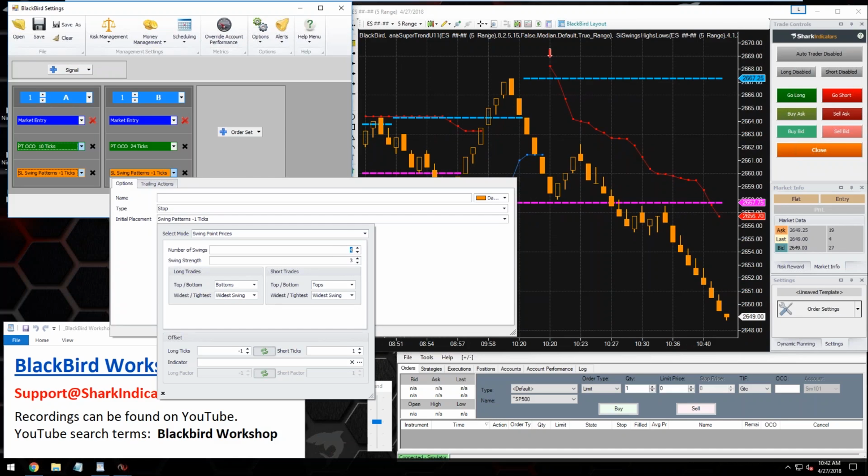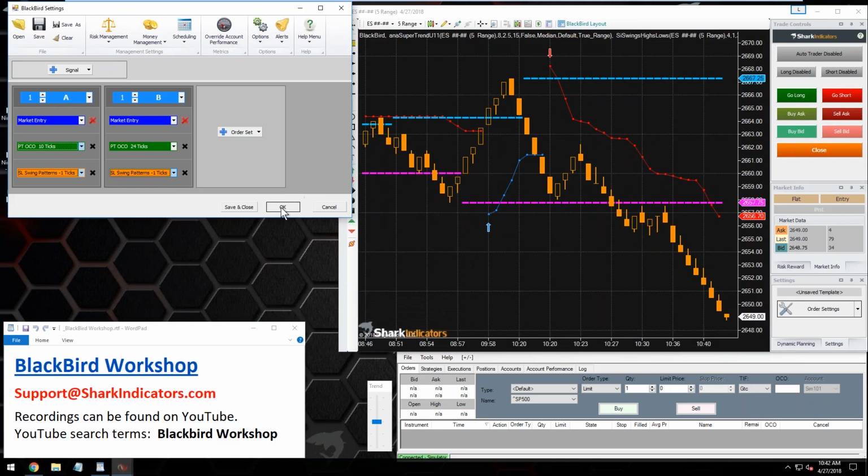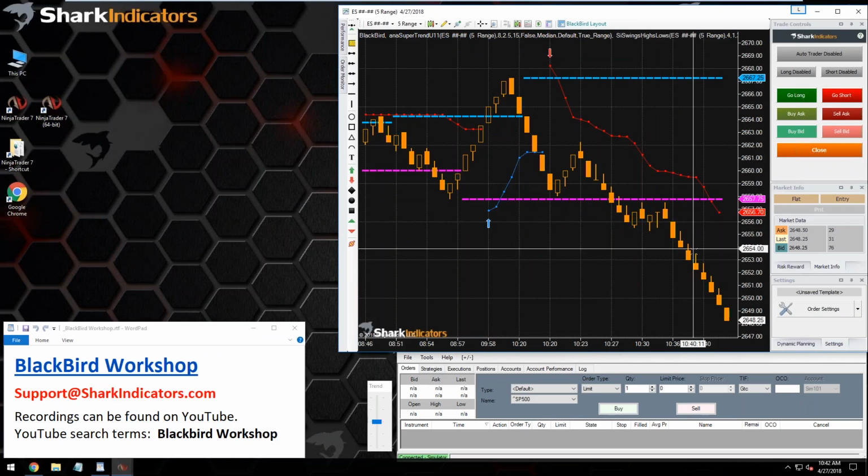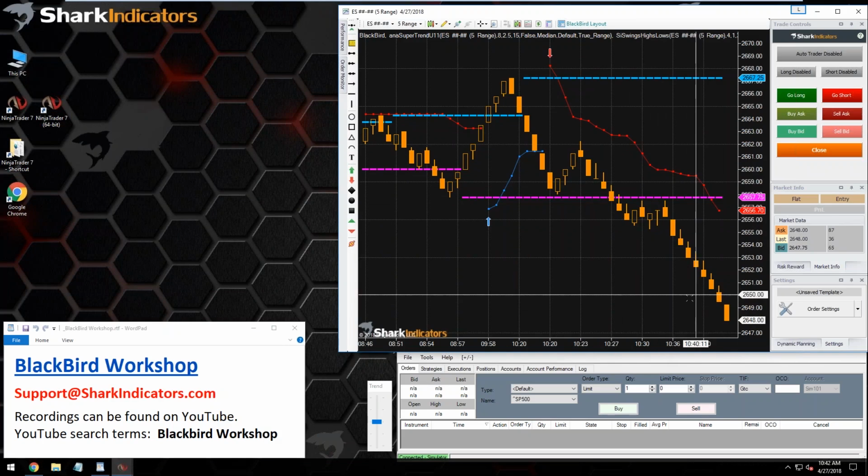So always double check your indicator settings, and always have them on the chart so you can actually see them. Here's a great example. Price broke below the swing low, so there is no swing low anymore.